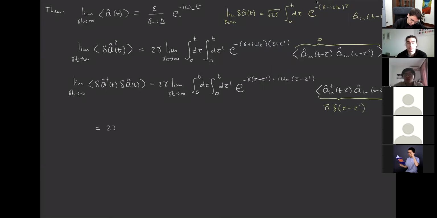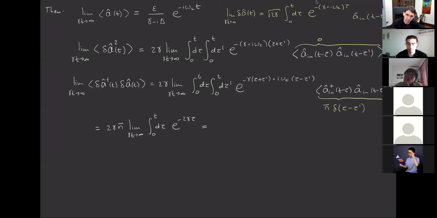So we get 2 gamma n, and then the limit when gamma t goes to infinity of the integration from 0 to t d tau, and now tau is equal to tau prime, so the imaginary contribution goes away, and here we get the exponential of minus 2 gamma tau, okay?